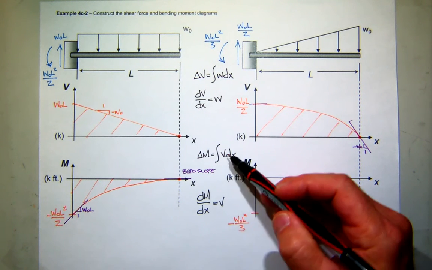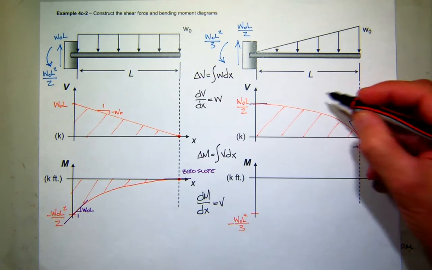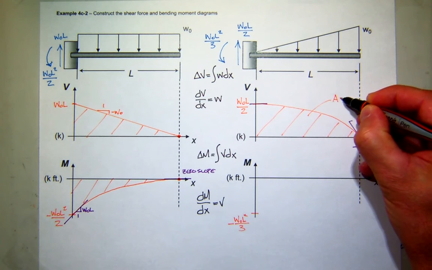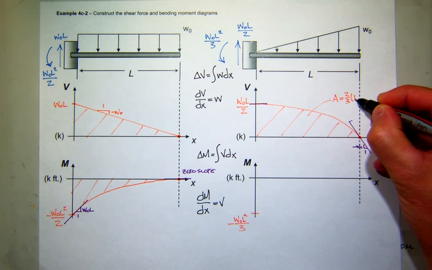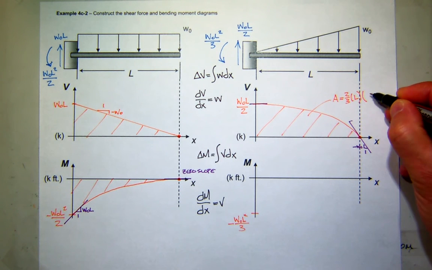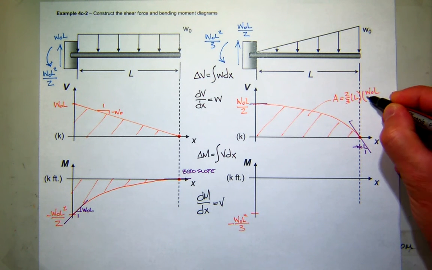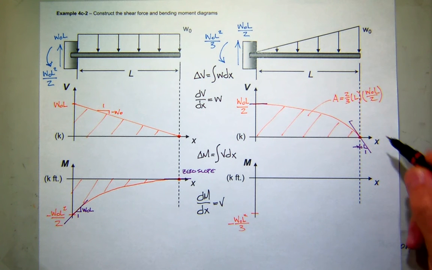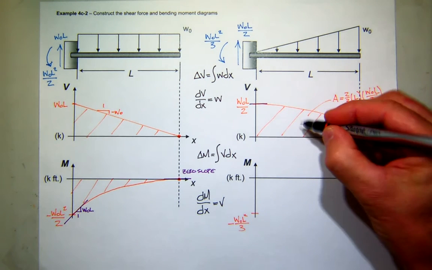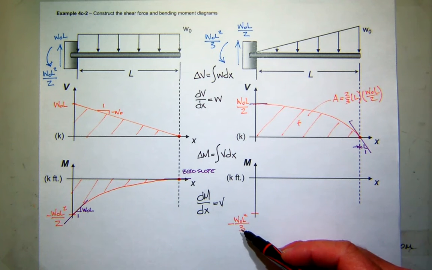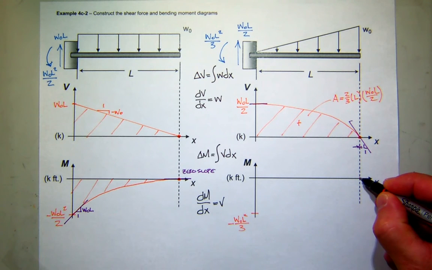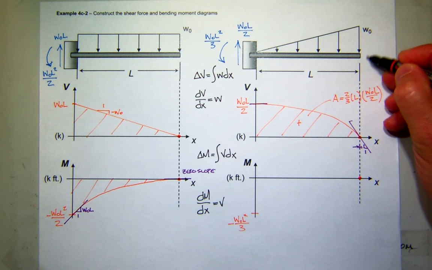So the change in moment, the area of this curve, because it's a parabola, is 2/3 base, which is L, times height, which is W naught L over 2, which is positive area, which is W naught L squared over 3. So you start at negative that, add it to it, you get 0. And we should get 0 for the moment here, right?